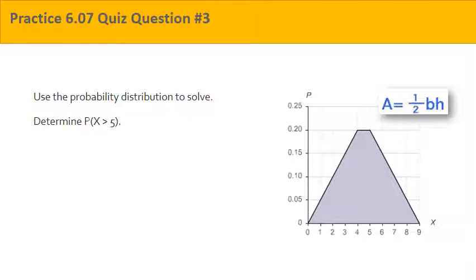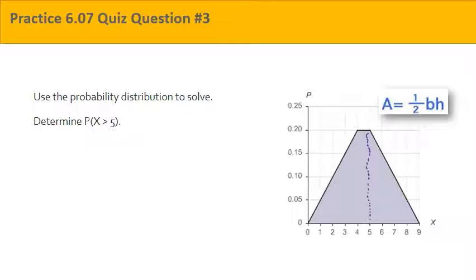All right, and in question 3, use a probability distribution to solve the probability of getting x is greater than 5. All right, so let's look at what this looks like. I can't draw a straight line. So we've got this triangle right here, and we're trying to find the probability. So it's going to be area equals base times height.